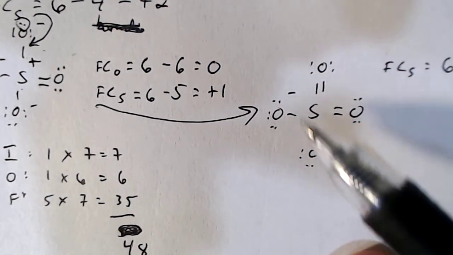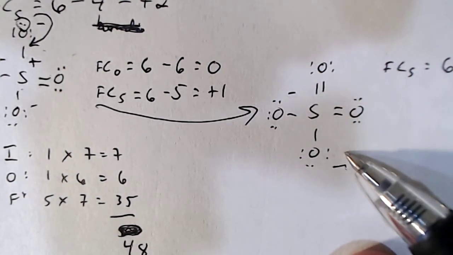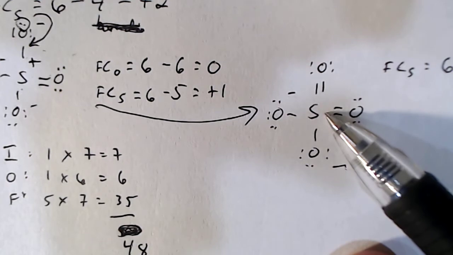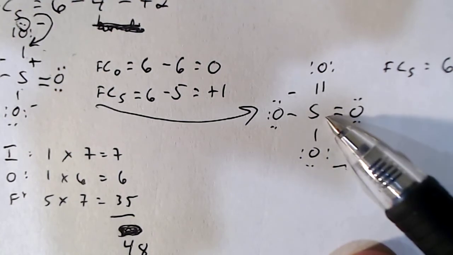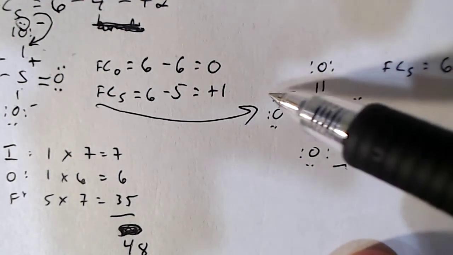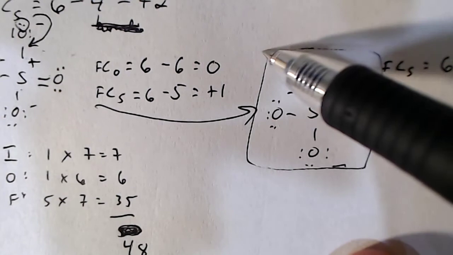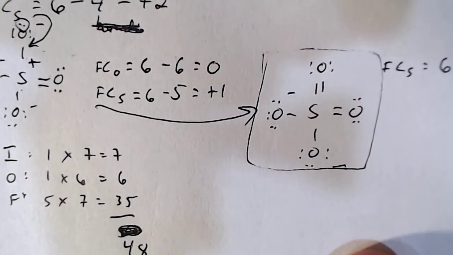This is also good because we have the negative formal charges on oxygen, which is a more stable place for the negative charge to be than sulfur. Oxygen is more electronegative than sulfur, so electrons will tend to hang out more towards oxygen. All right, so this is your final answer for the Lewis dot structure of sulfate.